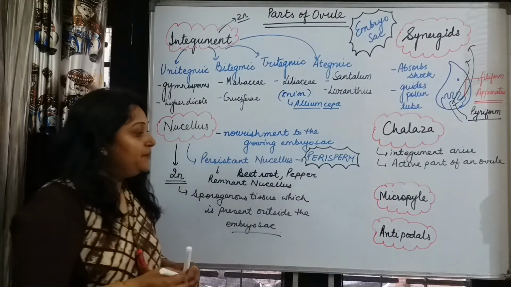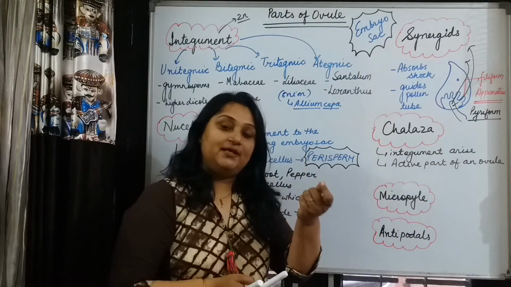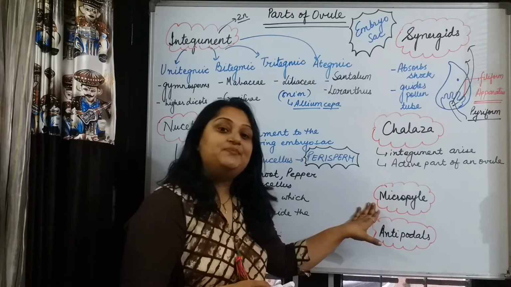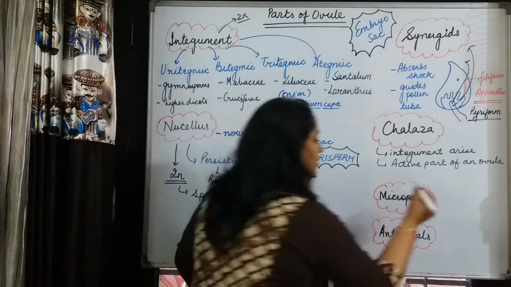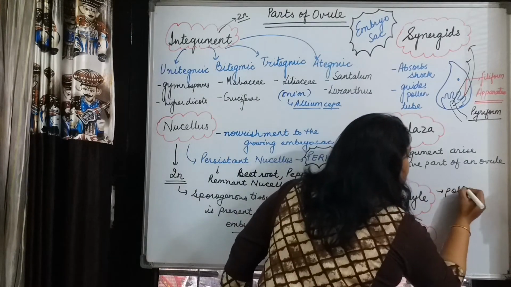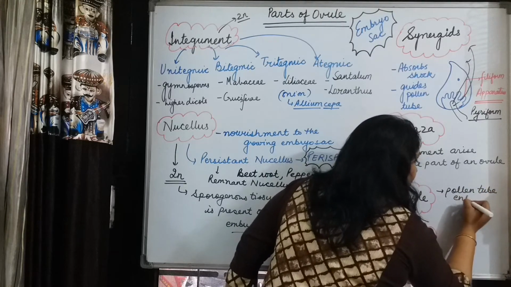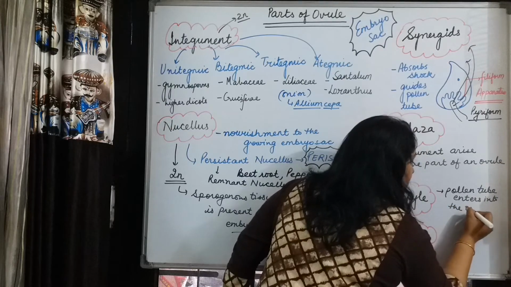Clear? The micropyle end is the small opening. We have discussed yesterday in the structure of an ovule that the micropyle was there. This micropyle is the opening through which the pollen tube enters into the ovule.